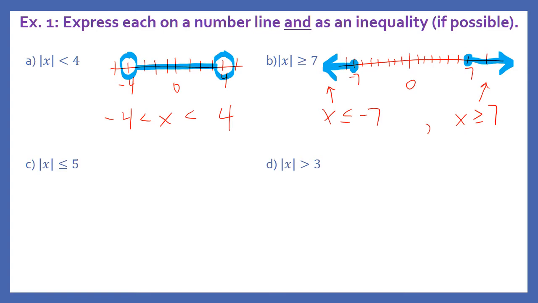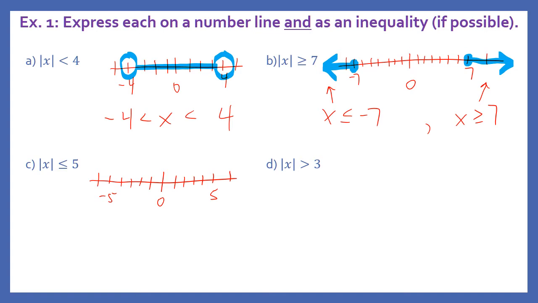Next one, C. We want anything that is less than or equal to 5 units away from 0. Start with our number line. Put 0, 1, 2, 3, 4, 5, 6. 1, 2, 3, 4, 5, 6. And we want it to be less than or equal to 5 units away from 0. Well, that's going to be like A, it's going to be between -5 and 5.